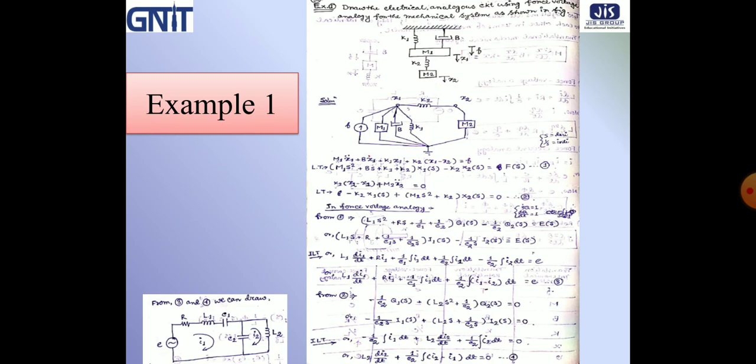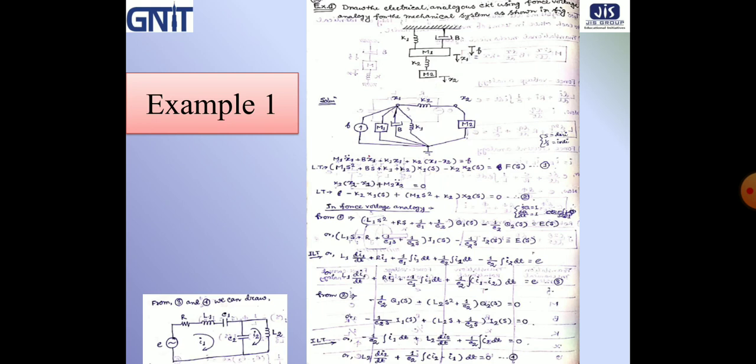Here in the mechanical model there are two displacements, x1 and x2. So there will be two nodes in the mechanical circuit diagram, and the two nodes are connected through K2. How we draw the mechanical circuit diagram we already discussed, so I am not going into that now.